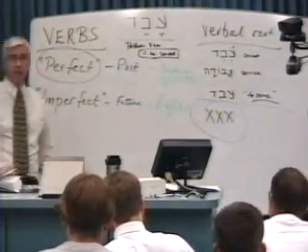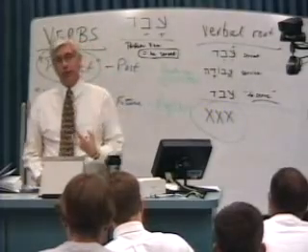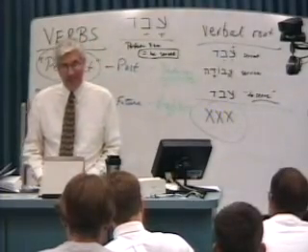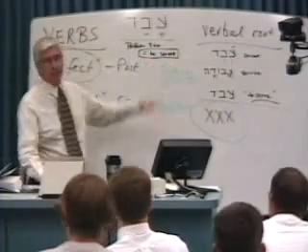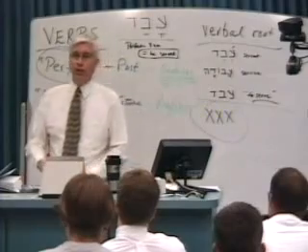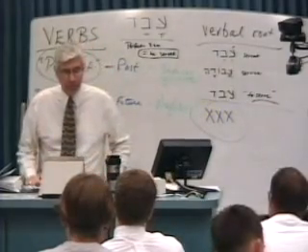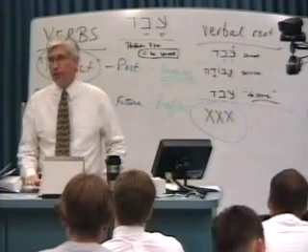All right. The second point I'm trying to make here is that when we talk about verb forms, because the perfect third singular masculine is, in fact, the simplest form, we use that as the way to talk about verbs. Right? You do that sort of in Greek too, right?